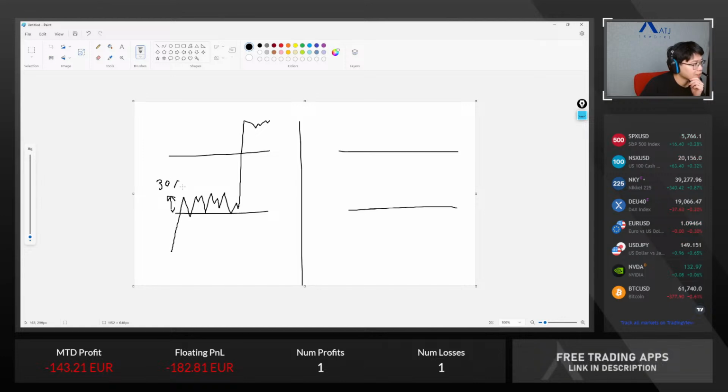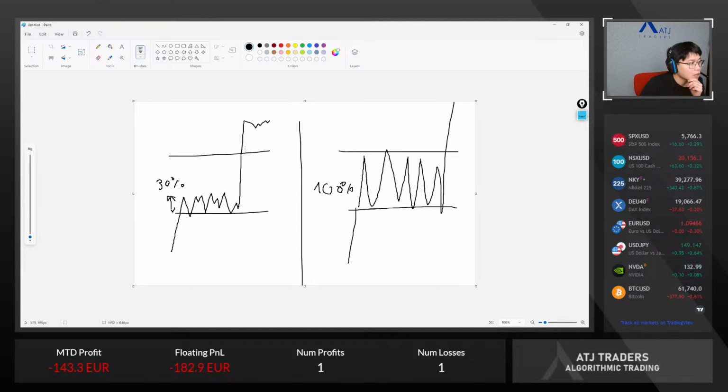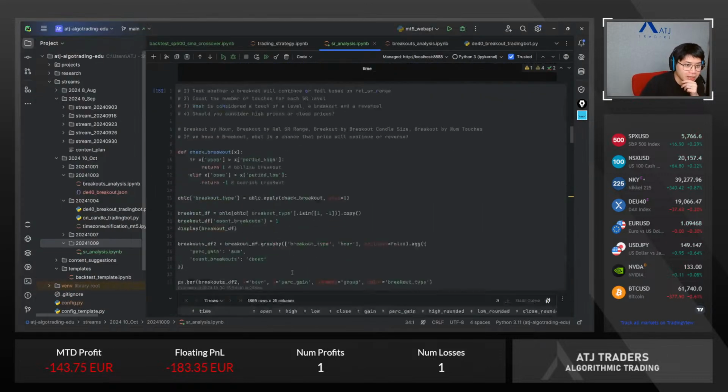So the candle density is 30%. But if, for example, the price moves like this almost all the time, the density here is almost 100%. So I think another idea, let's work on candle densities.